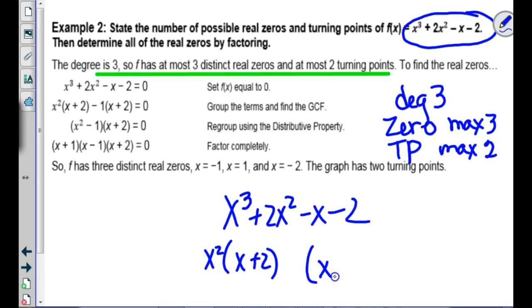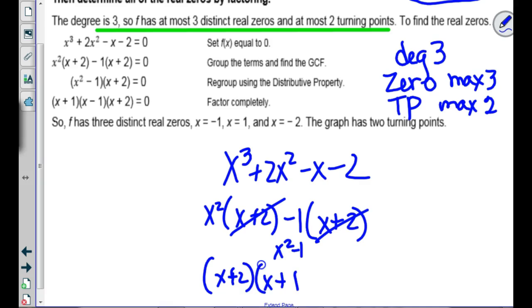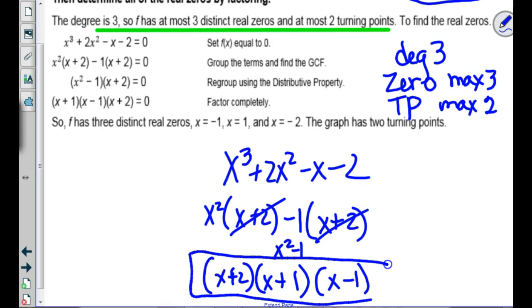We want the second parenthesis to always be the same as the first parenthesis. So what do we need to take out? A -1. So if we take out this x plus 2 factor, what's left over is an x squared minus 1, but what could we still do to that? Yeah, that's the difference of two perfect squares. So then we wind up here.